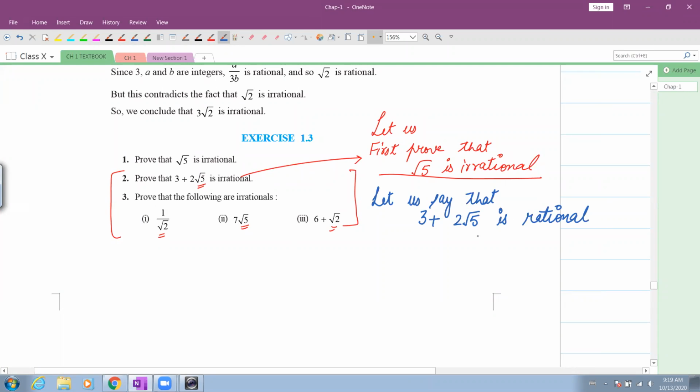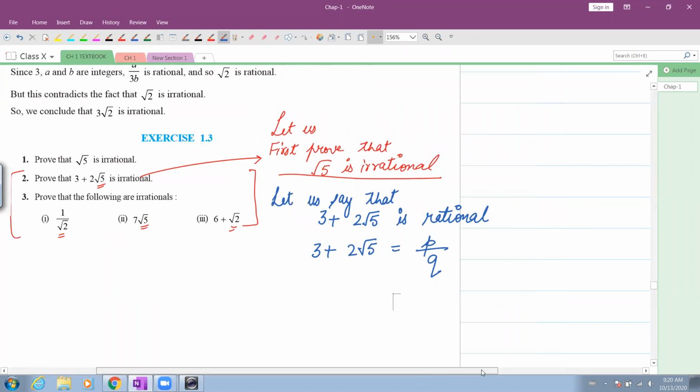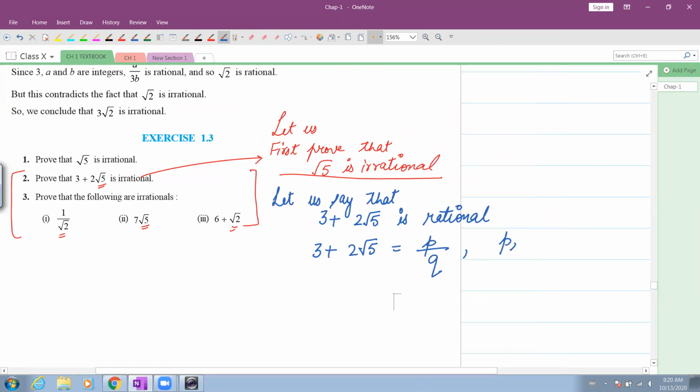Again, method of contradiction. हम बिल्कुल opposite चीज assume कर रहे हैं, and this will mean that 3 plus 2 root 5 is equal to P over Q. And you will be writing down that P and Q are integers, Q is not equal to 0, P and Q are co-prime.